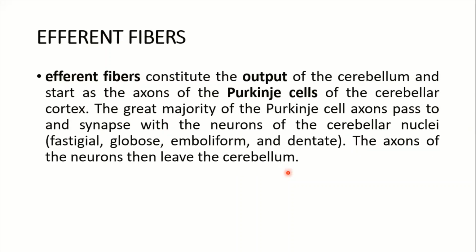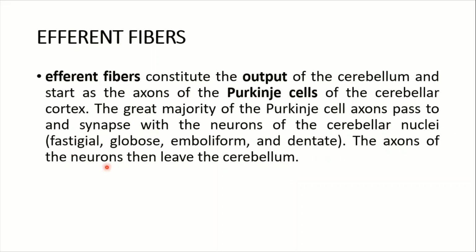The efferent fibers constitute the output of the cerebellum and start as the axons of the Purkinje cells of the cerebellar cortex. As I told you already, the great majority of the Purkinje cell axons pass to and synapse with the neurons of the cerebellar nuclei: the vestigial, globose, emboliform, and dentate.